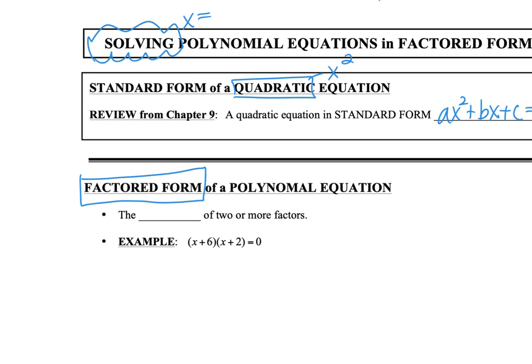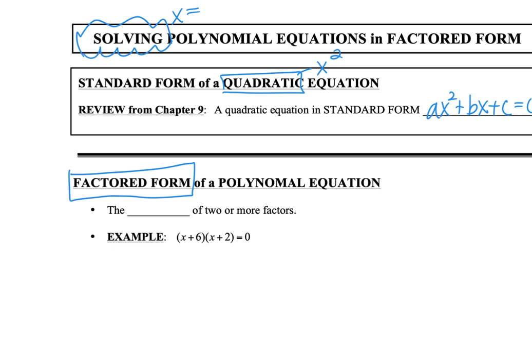All right, so what do I do when I put it in standard form? It is really the product of 2 or more factors. So the product means that I am multiplying. And you can see in this example, this looks like something that I may have gotten by using smiley face, okay?